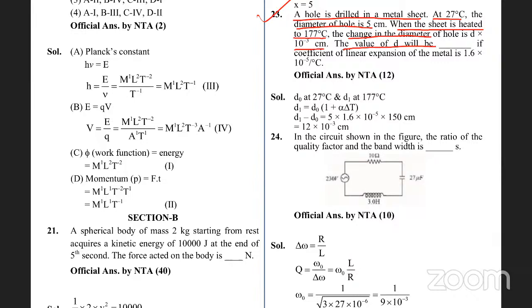The value of d will be. So this problem is based on the diameter at temperature T, which is equal to d naught into 1 plus alpha delta T. Based on this, you can apply this concept, you can find the value.